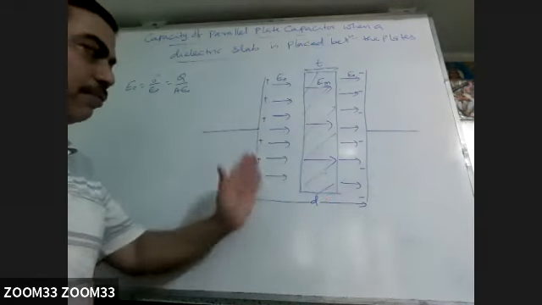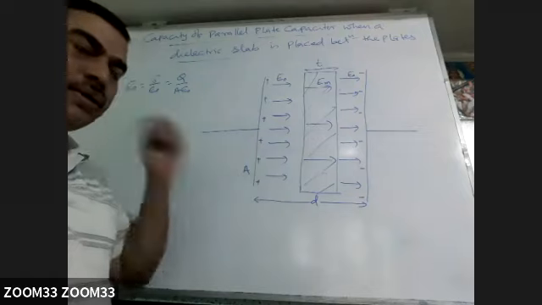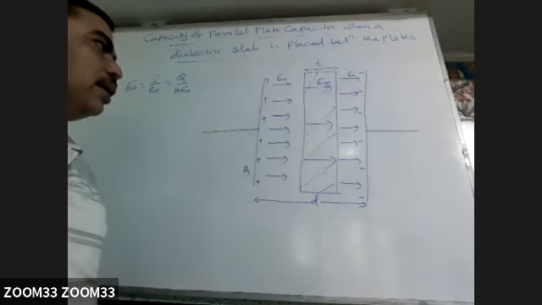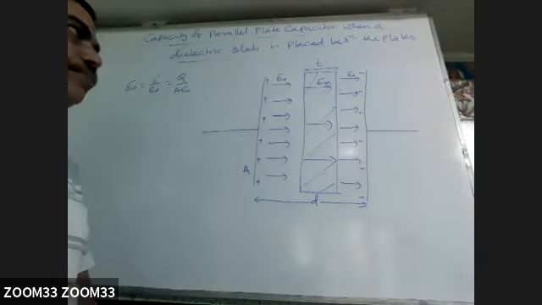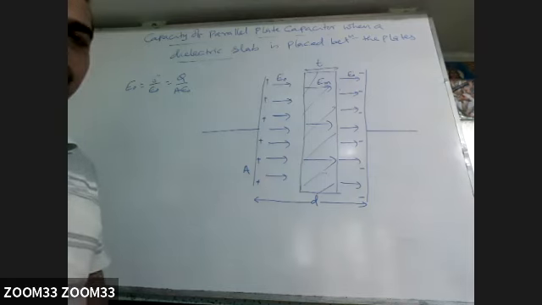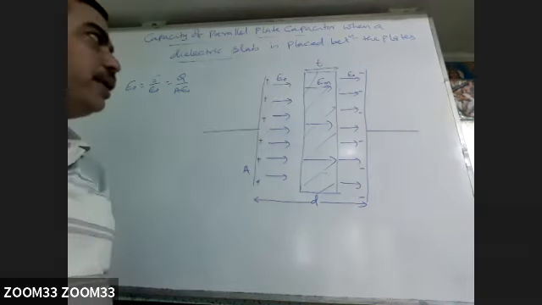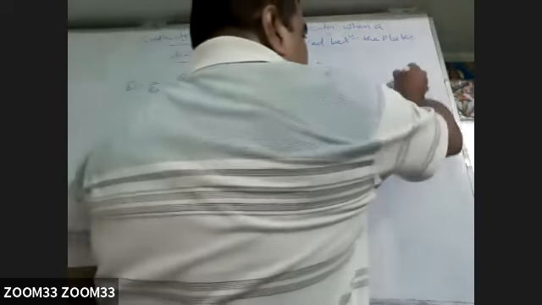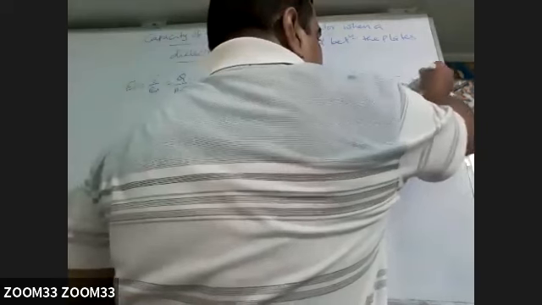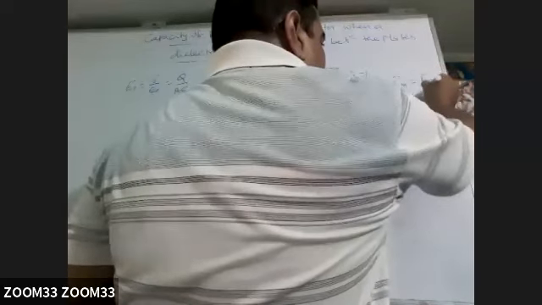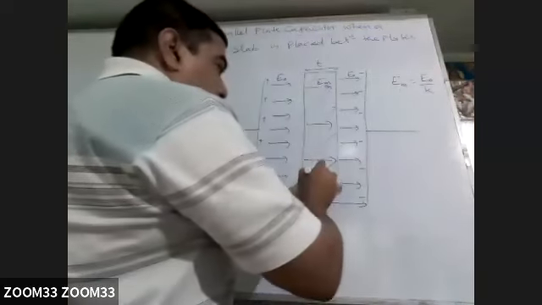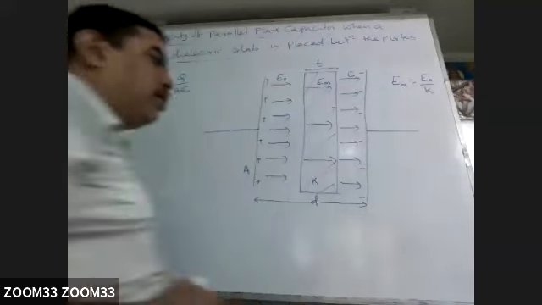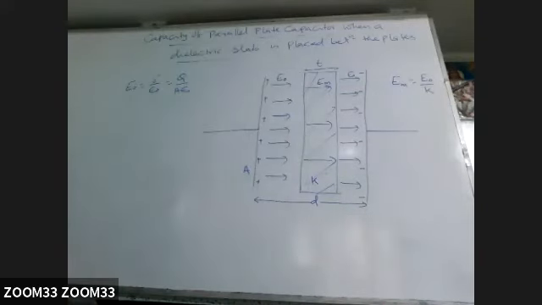The induced electric field will be less than the external electric field. And what was the relation between EM and E naught? EM is E naught over K, where K is the dielectric constant, or relative permittivity, of that slab.